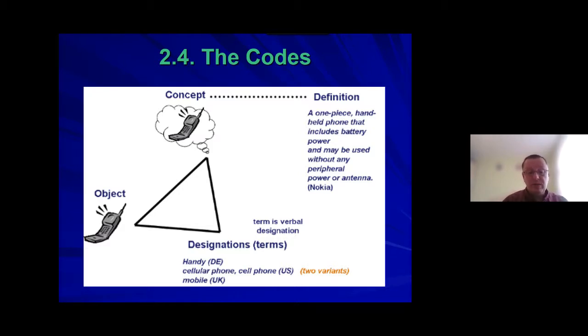We could have different terms, sometimes cellular phone, sometimes telephone, and so on. But in modern time we mostly use the term not mobile but smartphone. So the idea of the object is not changed, the concept is not changed. The object changed with the changing of models. Designators also changed.